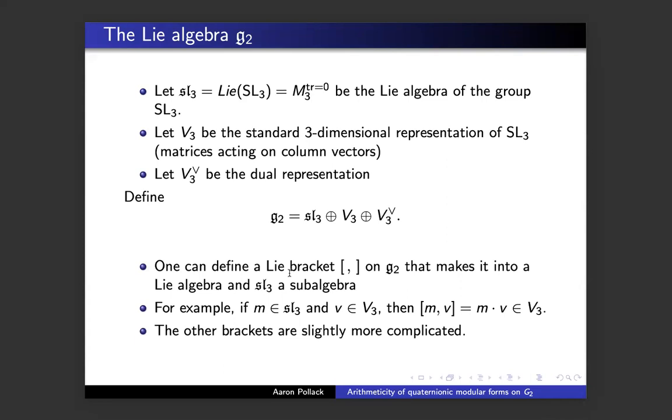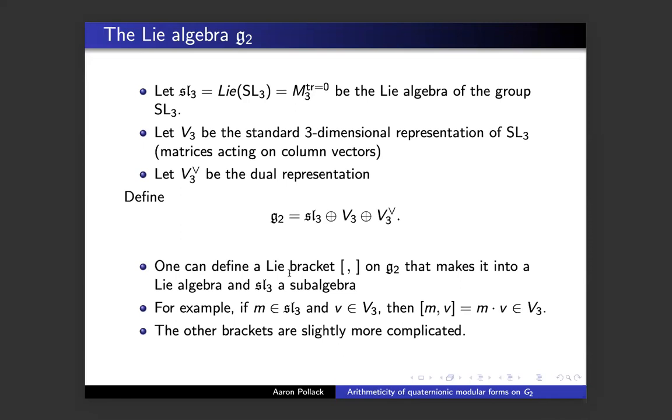Okay, so first I build the Lie algebra of G2. I let sl3, the Lie algebra of the group SL3, be the 3x3 matrices with trace 0. You could be working over the rational numbers here, or over the real numbers, whatever. I let V3 denote the standard three-dimensional representation of SL3, of matrices acting on column vectors, and I let V3 check be the dual representation.